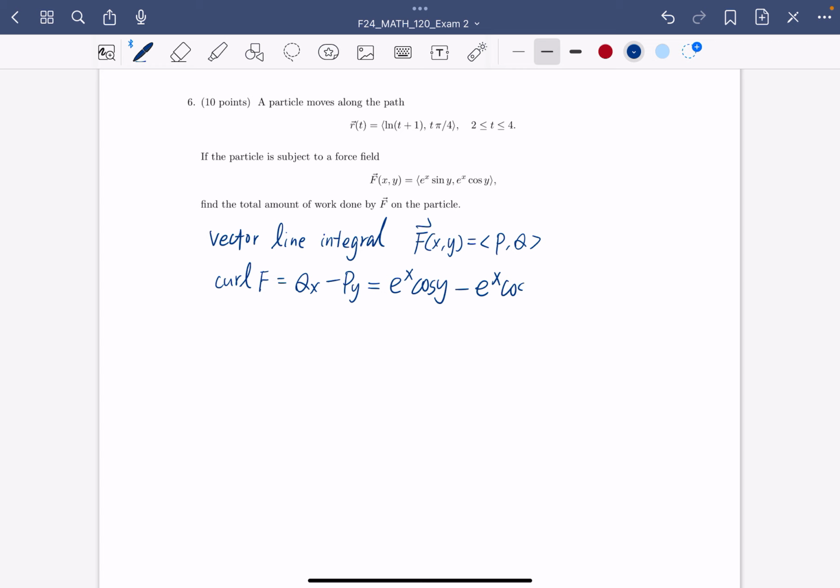Differentiate sine y, we get cosine y. So this is 0. So F is curl free.